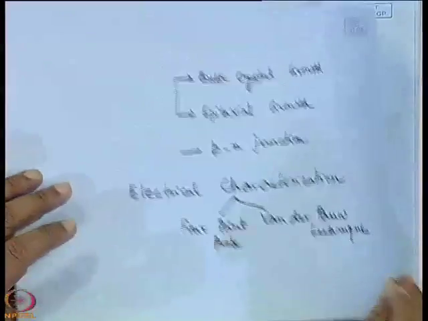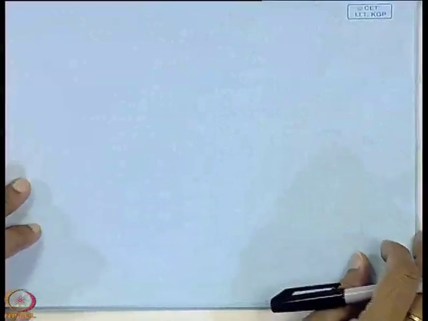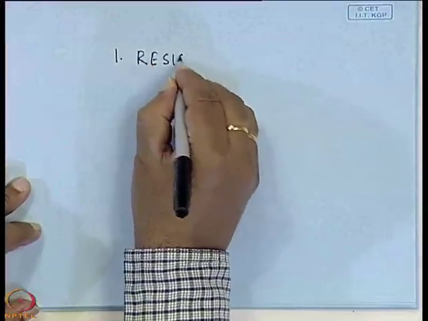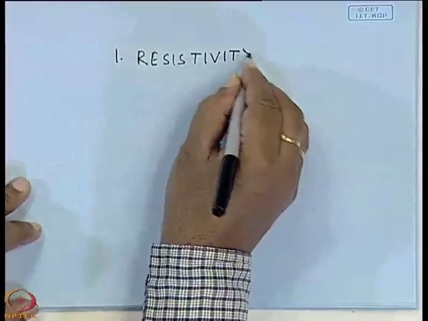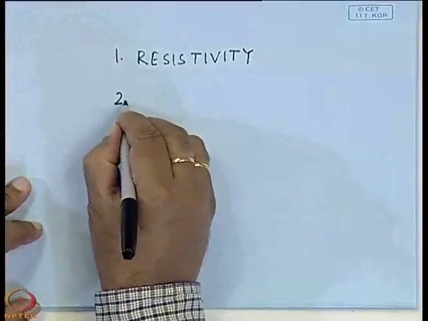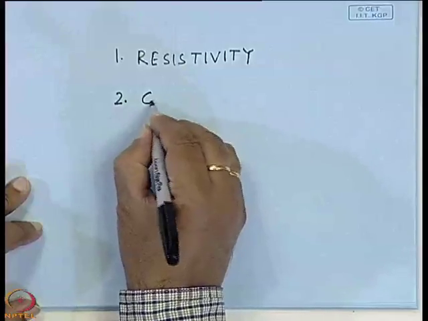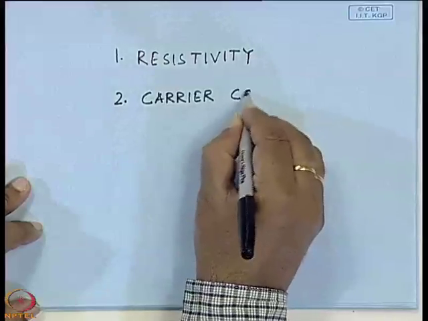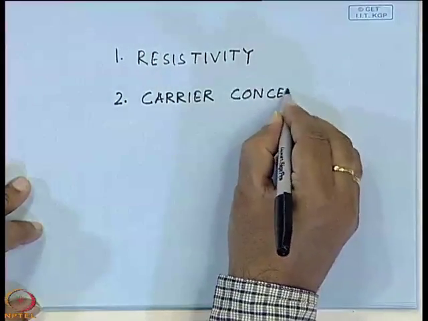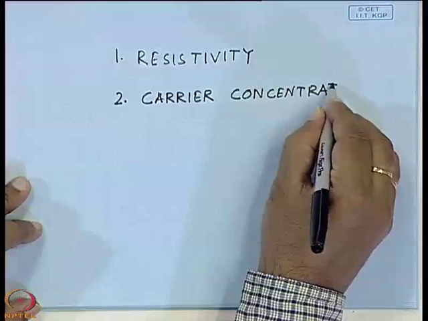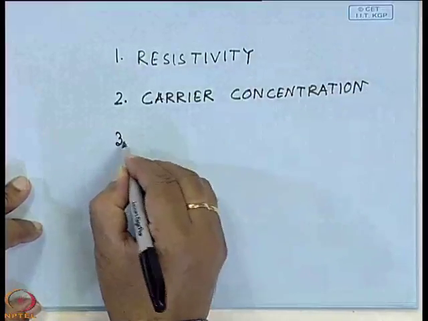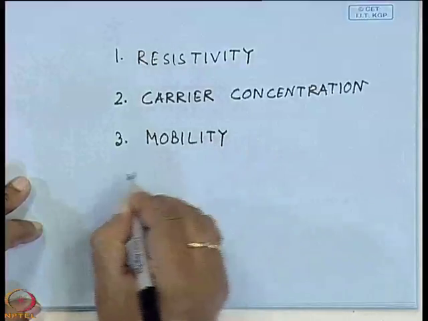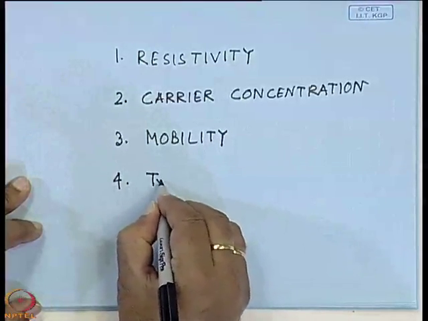So, what are the aspects that we would like to characterize? One is the resistivity, number 2 is the carrier concentration, number 3 is the mobility, and number 4 is the type of conductivity.